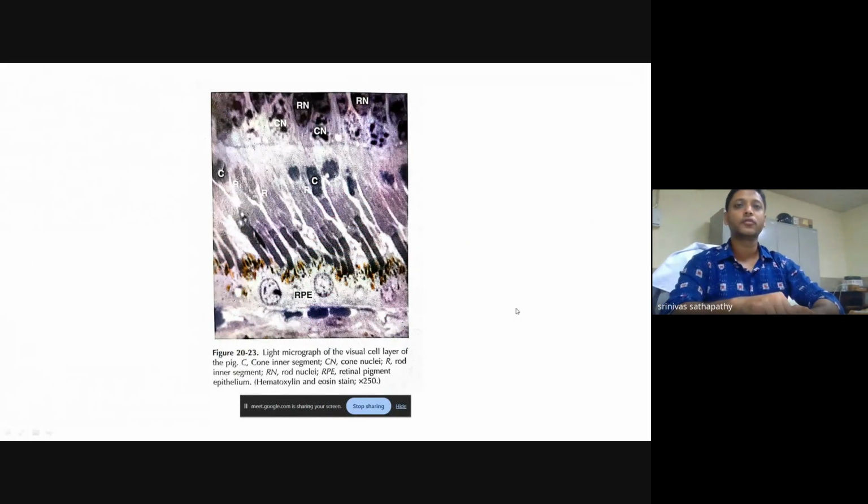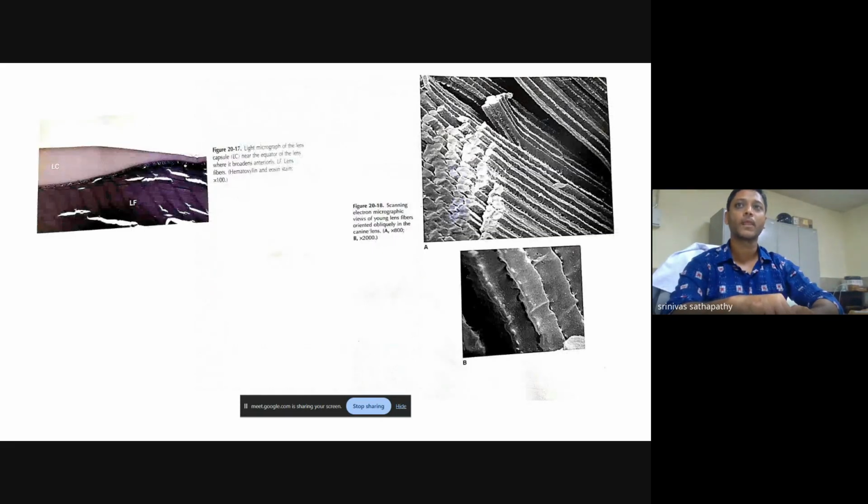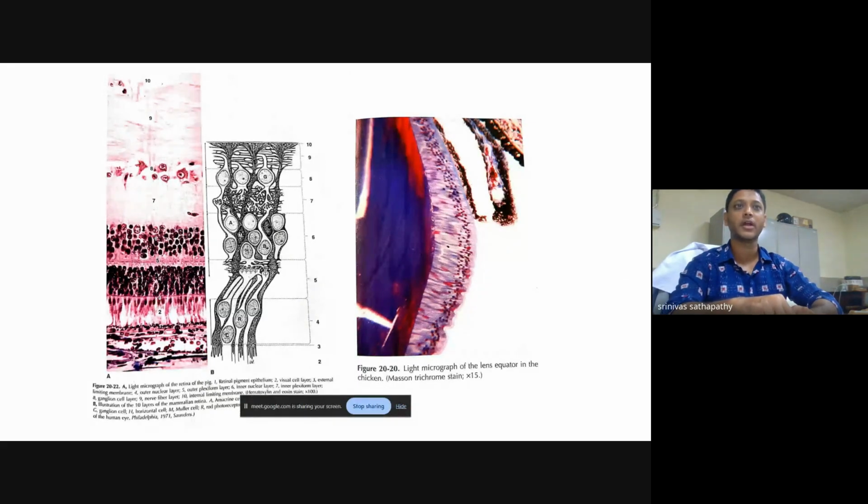This is the photosensitive photoreceptor cells, rods and cones of the retina. This is the crystalline structure of the lens, a biconvex lens, which is one of the refractive media of the eye. Now these are the different layers of the retina.